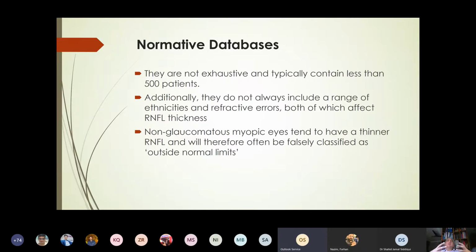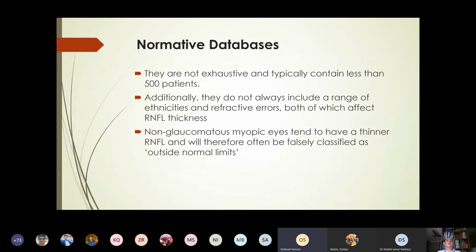When you are seeing this green and red on the normative comparison, what do they represent? These are from normative databases of people which the machine has been configured to use. So they're not very exhaustive and typically contain fewer than 500 patients. They do not always include a range of ethnicities and refractive errors, both of which affect the retinal nerve fiber layer thickness.